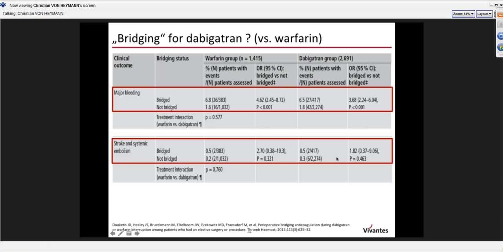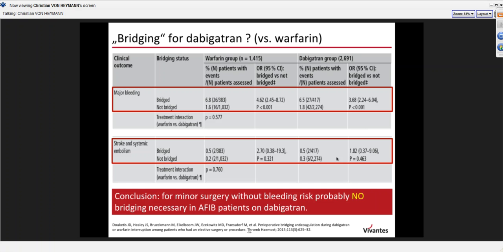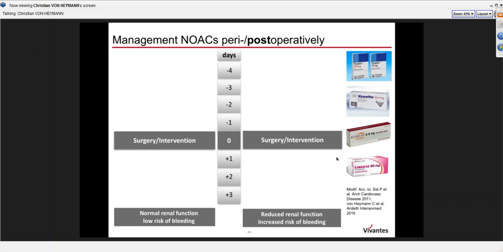So from this group of patients, and the patients included were mainly undergoing minor procedures, these data say that for minor surgery without bleeding risk, it is probably not recommended to bridge these patients, and most of these patients were AFib patients treated with dabigatran. So bridging seems to be a different issue for the NOACs compared to the warfarins.